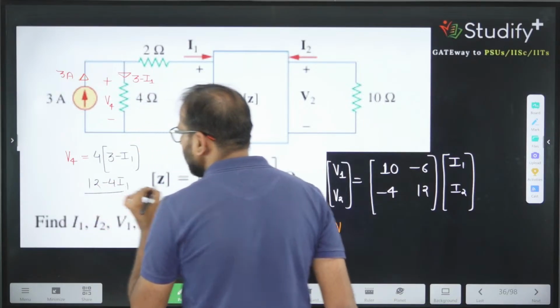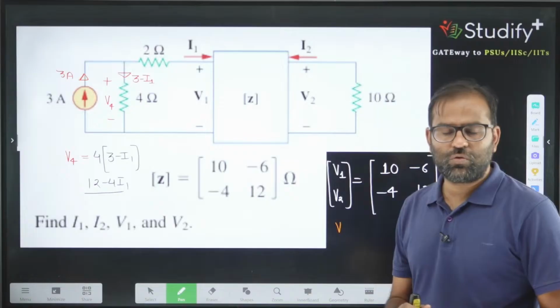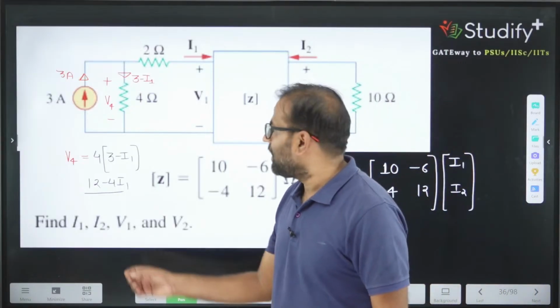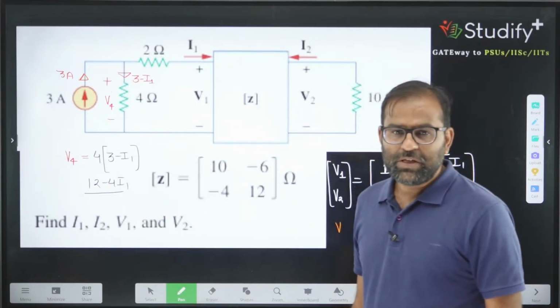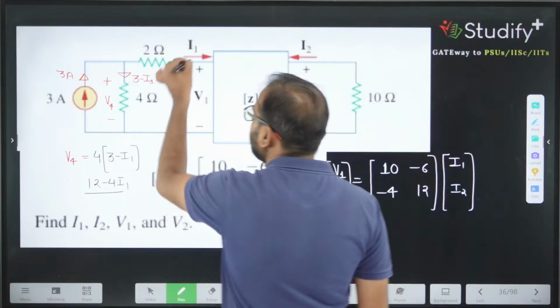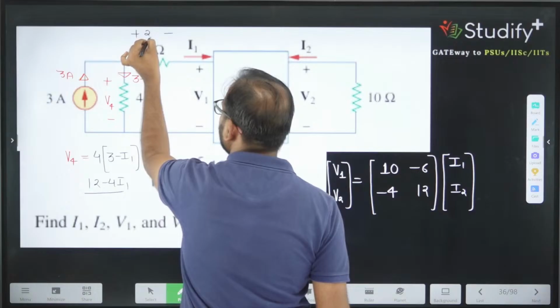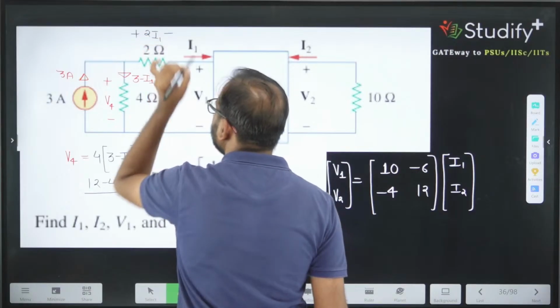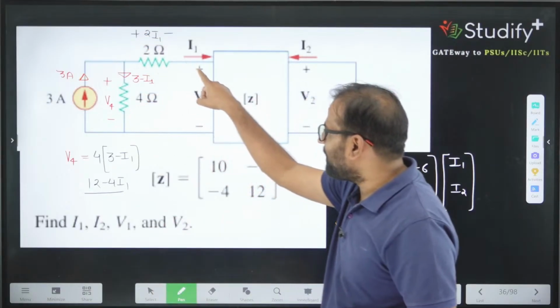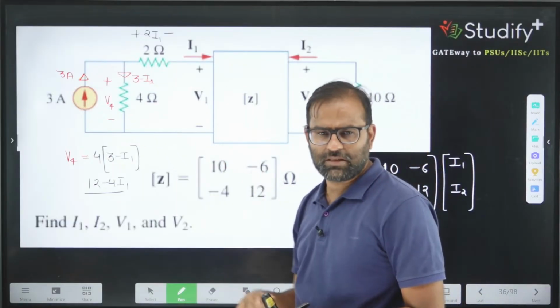That is the voltage drop across this 4 ohm resistance. The potential drop across the 2 ohm resistance is 2 times I1.